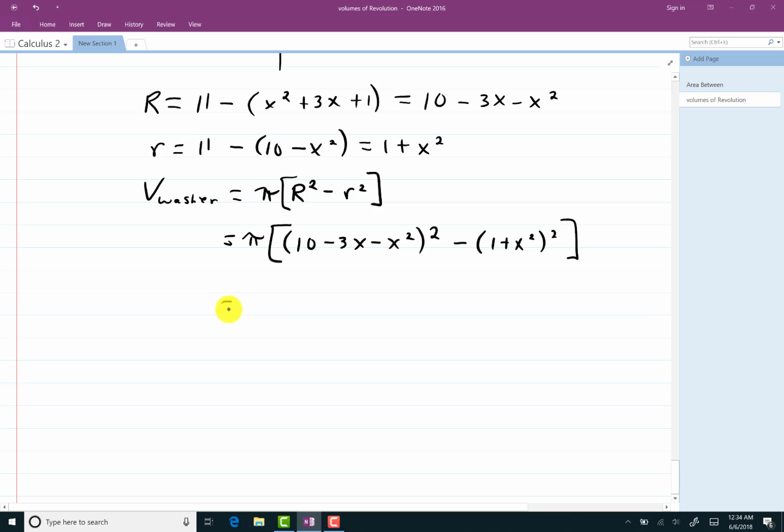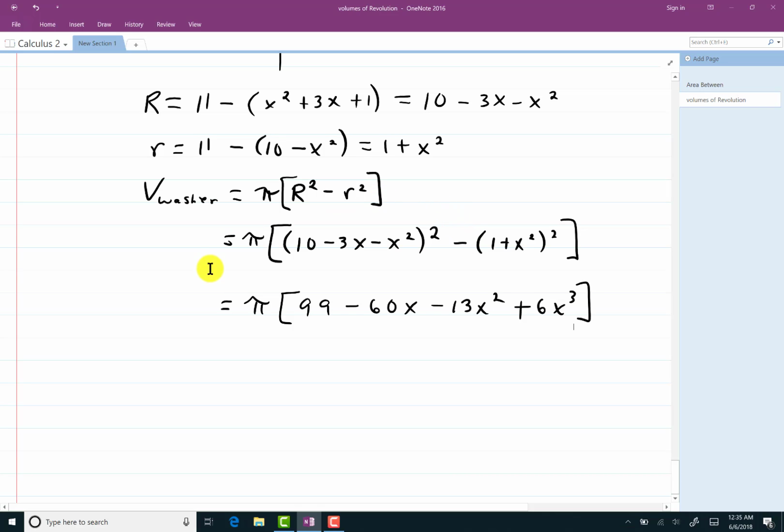And that equals pi times 99 minus 60x minus 13x squared plus 6x cubed. Obviously, I intend for you to do this painful stuff of multiplying this all out. I have no shortcut for you other than multiplying it all out.